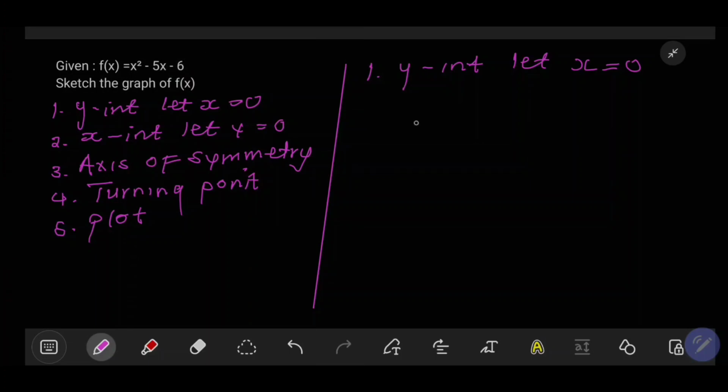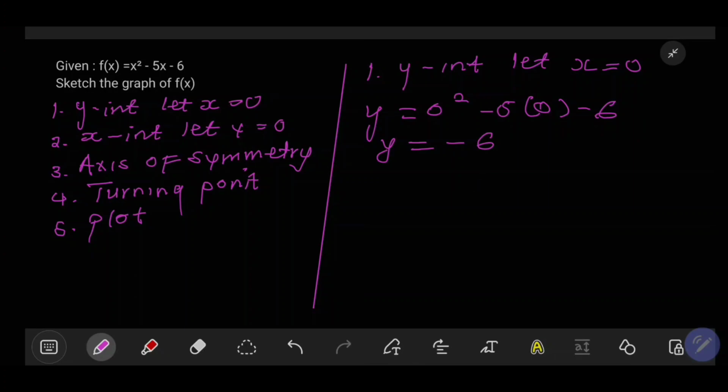When we do the y-intercept, we let the x value be 0, so y must be equal to 0 squared minus 5 into 0 minus 6. Then we see that our y value becomes negative 6.